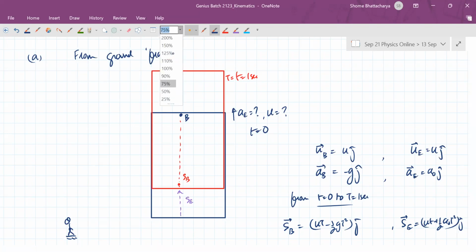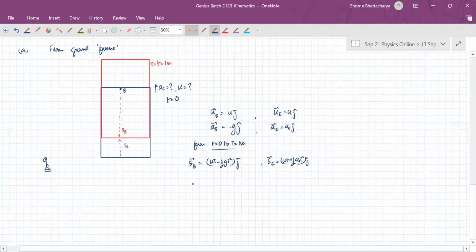So we can see basically that if we write this as a scalar, it is half g t square minus ut downwards, and this is ut plus half a naught t square upwards.